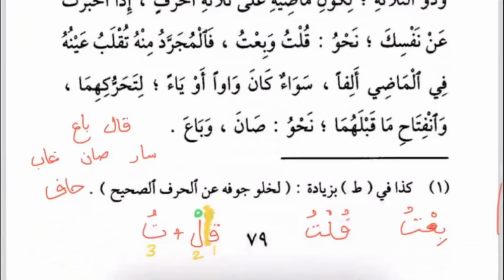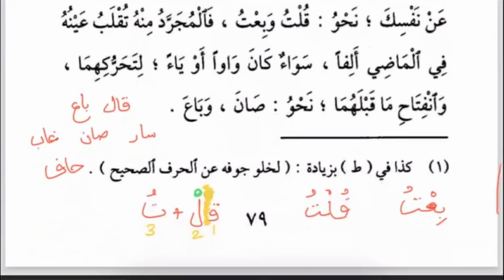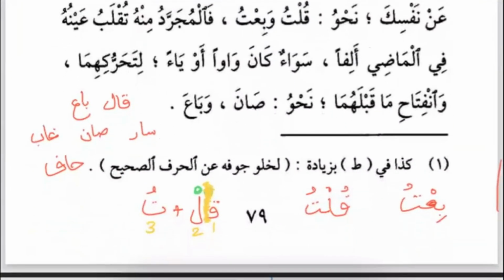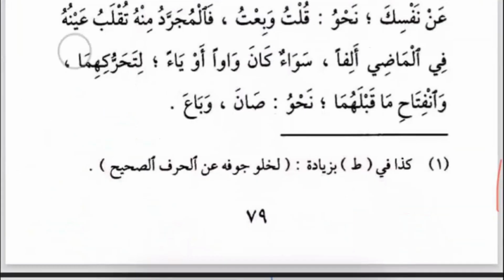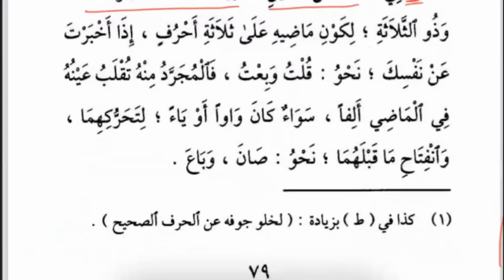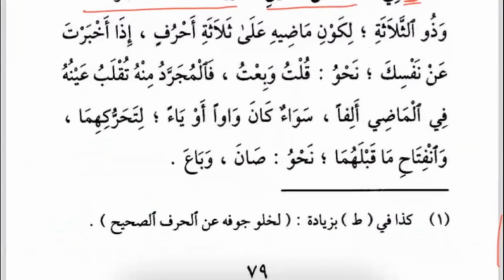فالمجرد منه تقلب عينه في الماضي ألفا سواء كان واوا أو ياء لتحركهما وانفتاح ما قبلهما نحو صان وباع. Okay, so I hope this is clear for you. We've repeated it. I'm going to repeat again now.